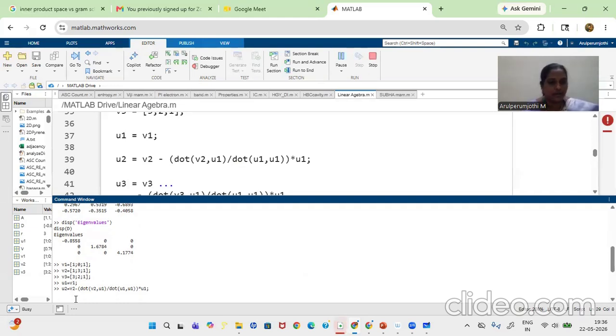Wait for the double arrow. Now you can write U3. What is your U3 formula?